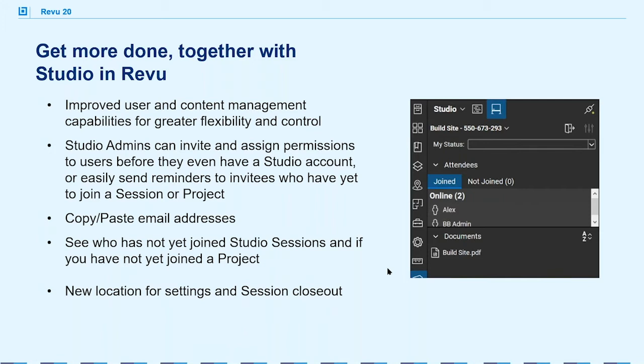And if people haven't joined a session, for example, there's no way for you to know if they had joined or not. You'll notice on the screen for the attendees section right here that there's now this new tab called Not Joined.